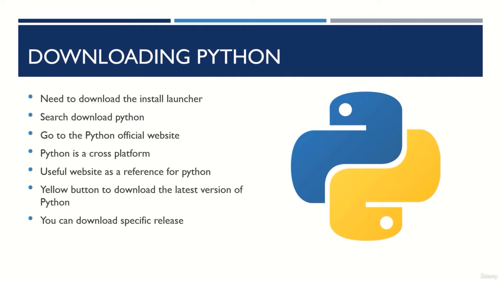Suppose we want to download a specific release of Python. You can do that easily from the python.org official website also. If you want to download the install launcher for any previous version or a specific release, you can do that easily for any operating system you are using. So no problem here.